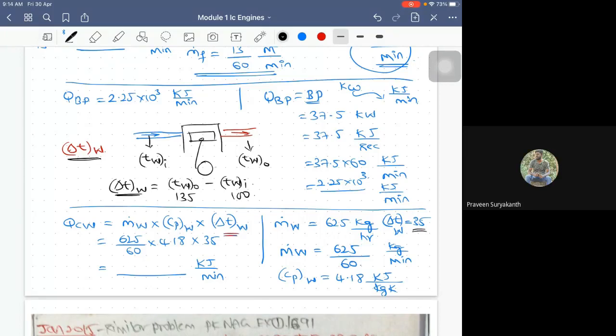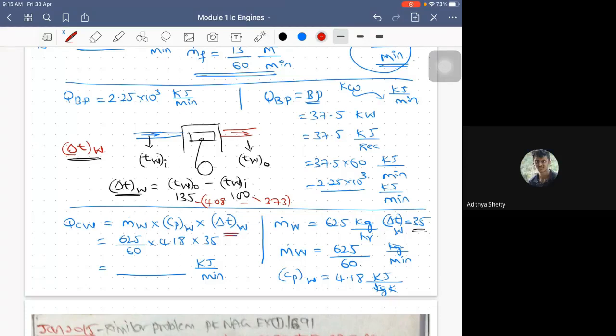Now convert the values into Kelvin. 135 plus 273 is 408. And 100 plus 273 is 373. Now take the difference between these two values in Kelvin: 408 minus 373 is 35. Does it make a difference if I substitute in Kelvin there?